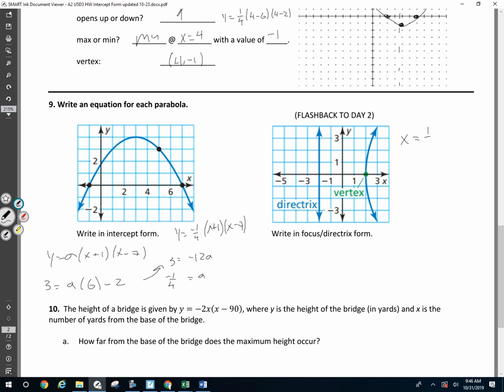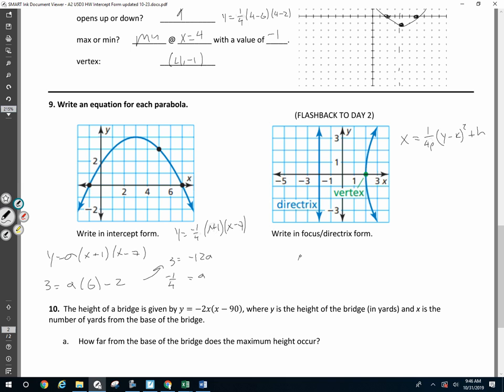x equals 1 over 4p times (y minus k) squared plus h. K and h are flip-flops; 4p we've got to worry about. The vertex is at (2, 0).